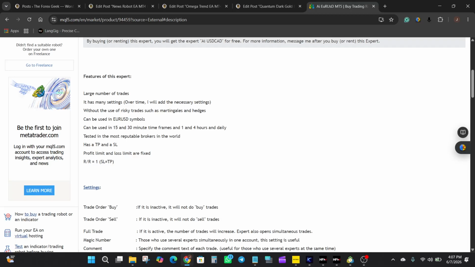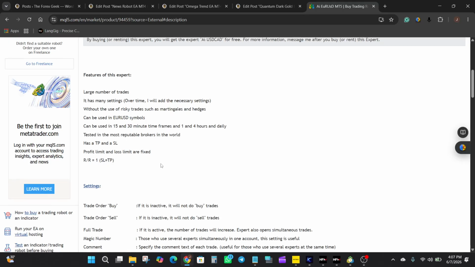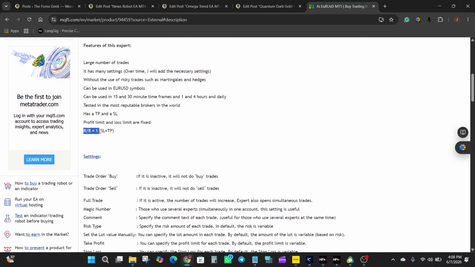The developer explains that the default risk management is variable, but users also have the option to manually define position sizing if they prefer greater control. Another notable point is that the default risk to reward ratio is described as 1:1, with the stop loss and take profit levels set equally by default.